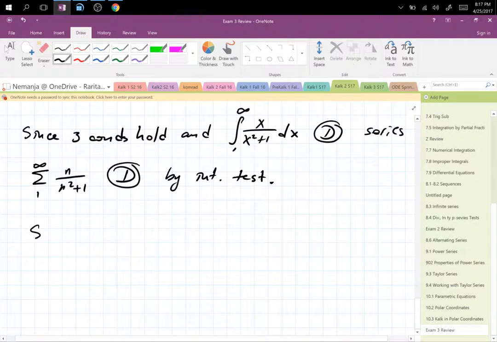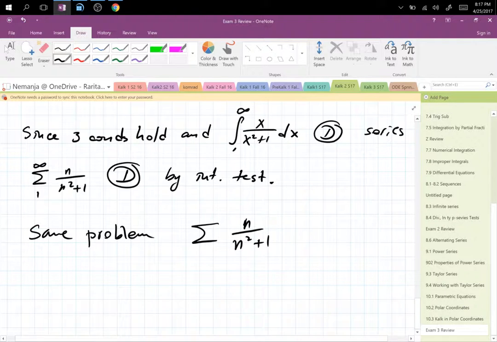Now, same problem, but we are looking at it now with the comparison test, because we can. So this is the problem, and I know that my a_n is n over n squared plus 1.